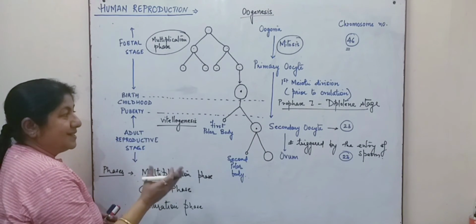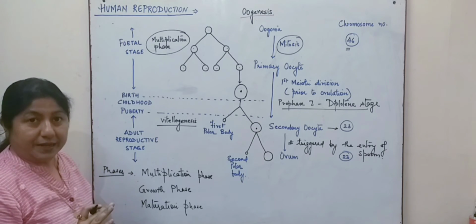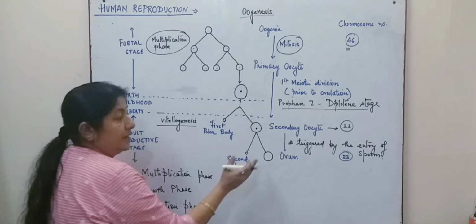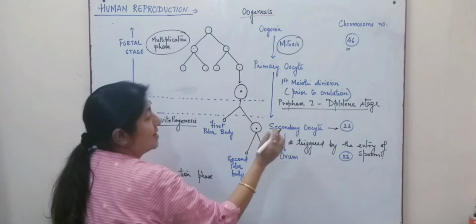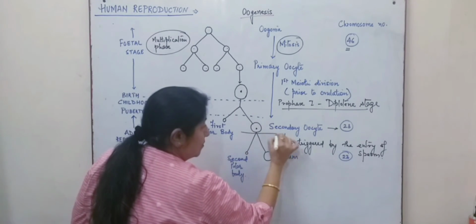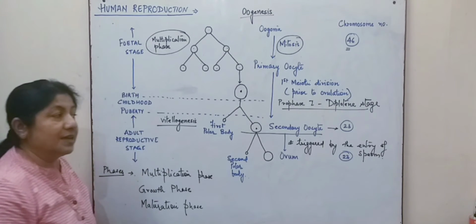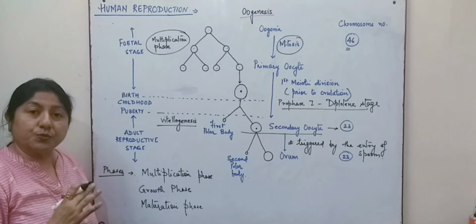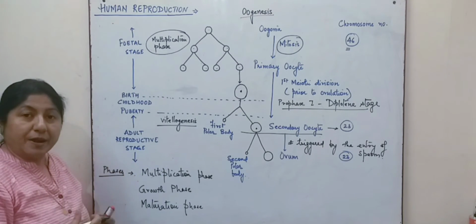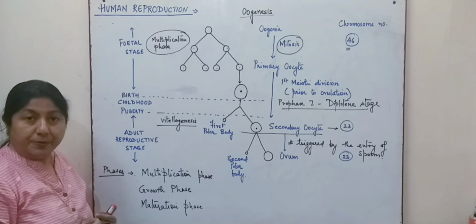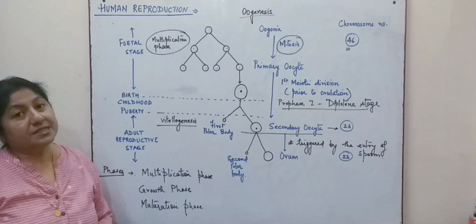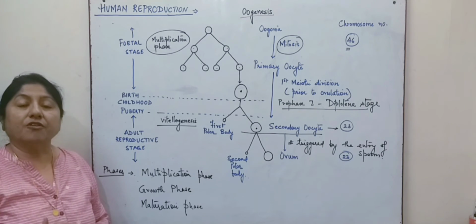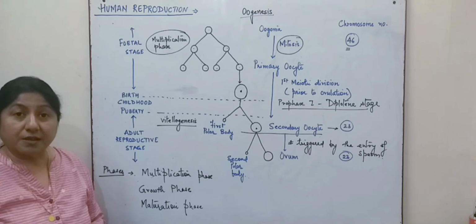If fertilization takes place, then the ova development will take place. Otherwise, the secondary oocyte is the stage at which the follicle will degenerate in the form of the menstrual cycle if the entry of the sperm does not take place.